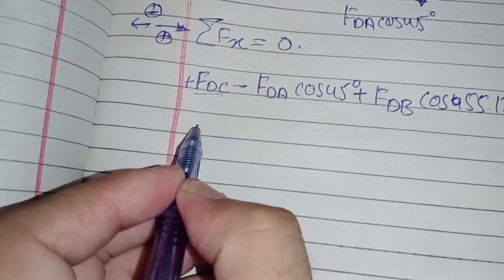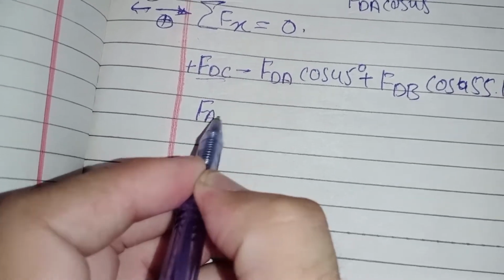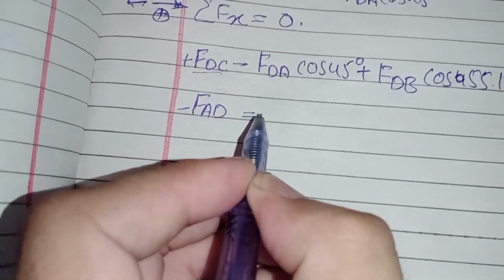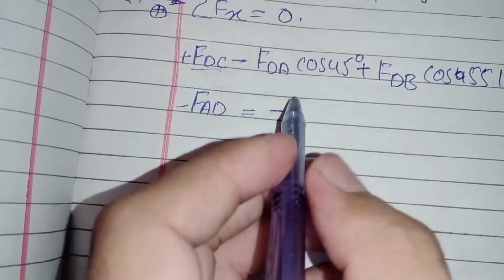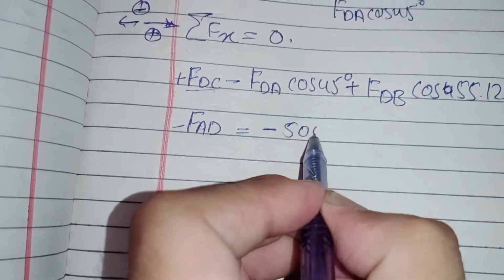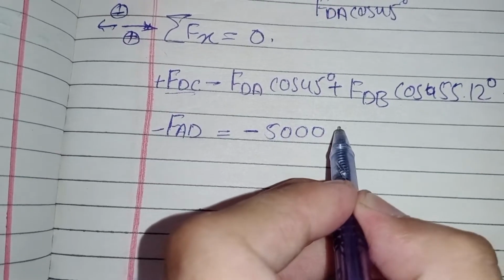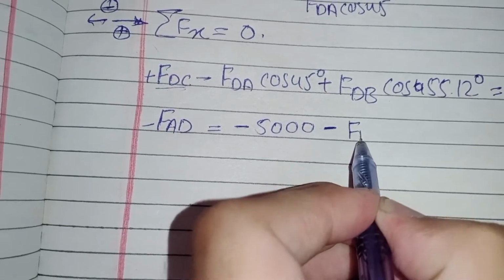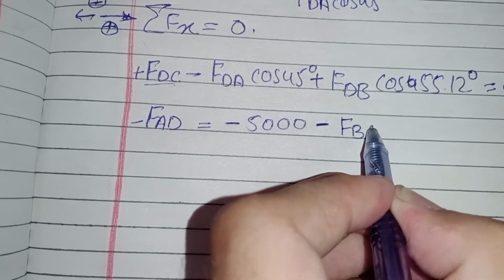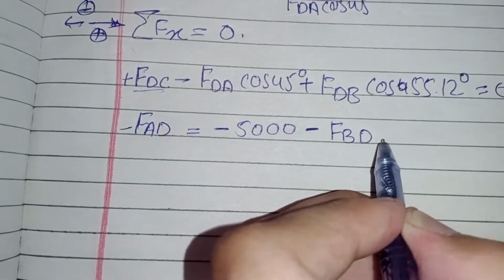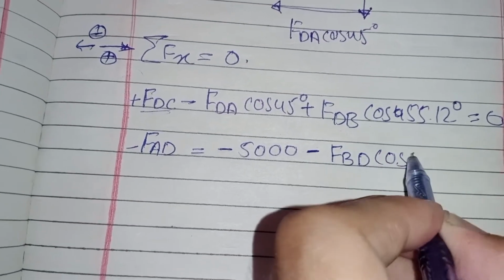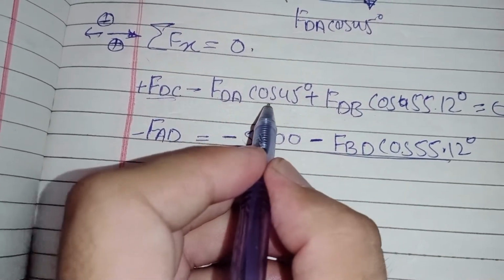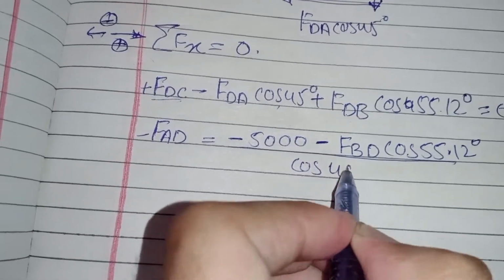So FAD, or AD negative, will equal to, I move it to the right side, 5000, and I also move it negative FBD, or DB, cos 55.12 degree, all divided by cos 45 degree.